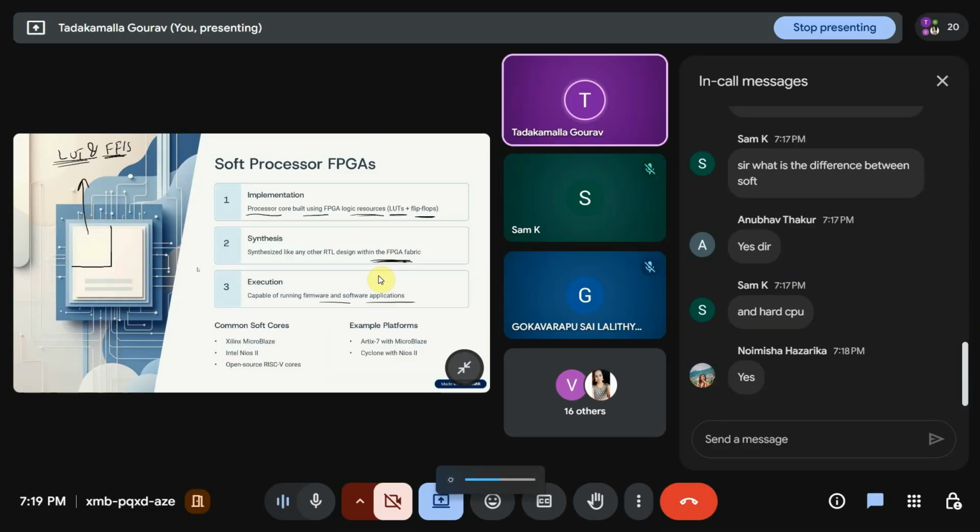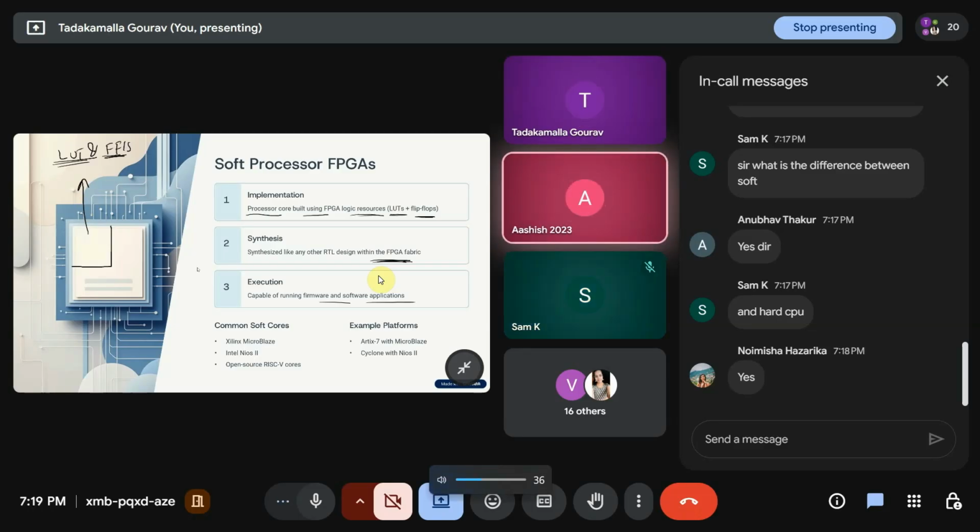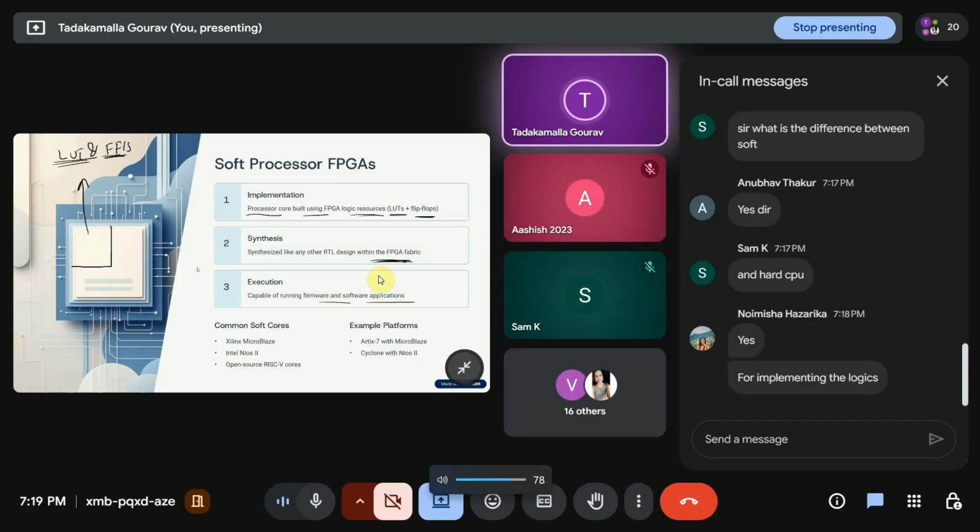Now my very next question is, why do we need a processor? Can anyone tell me? In real life, why do we need a processor? Your voice was low.